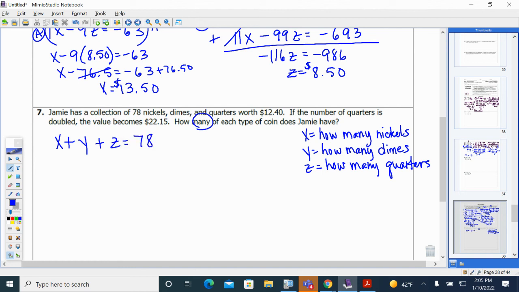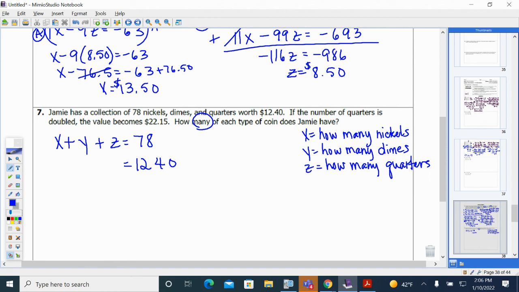Now, a lot of kids want to take x plus y plus z equals 12.40, but you can't do that because x doesn't represent a dollar amount or a money amount. It represents how many nickels. So in order to set it up so that it's equal to a dollar amount, like $12.40, I have to take each one and times it by what it's worth.